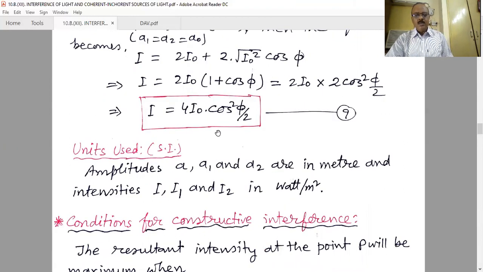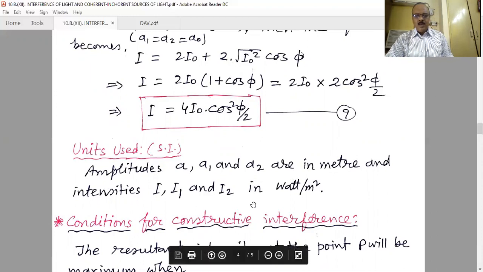Now, what will be the different units in the SI system? Obviously, A1, A2, or A, all these are measured in meter, and I1, I2, I3 or I, all these are in watt per meter square. Practically, it is the unit of all types of intensity of waves, light waves, sound waves. Watt per meter square means joule per second per meter square.